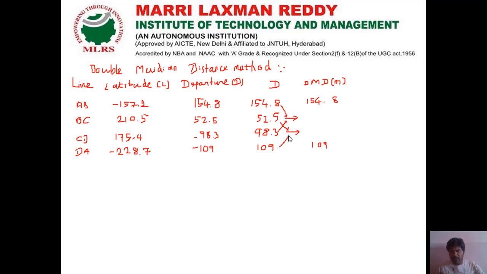So for the line BC, the DMD value is 154.8 plus 52.5 plus 98.3, which becomes 305.6. Similarly for the line CD, 52.5 plus 98.3 plus 109, so the value becomes 259.8.